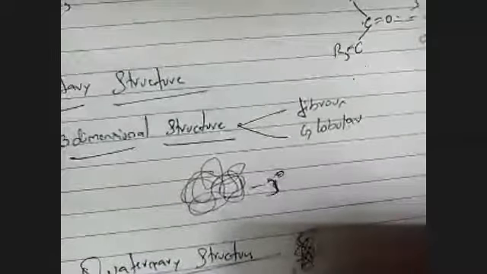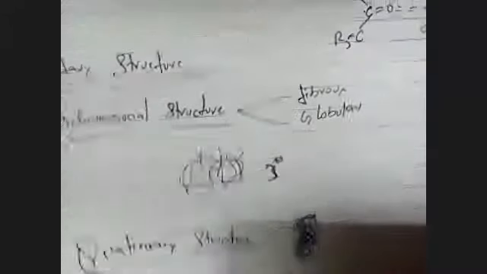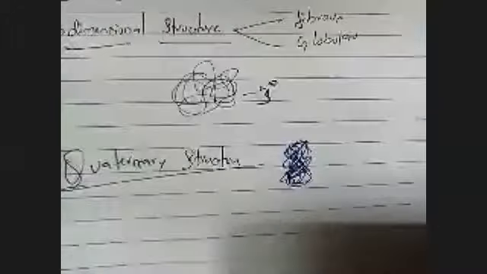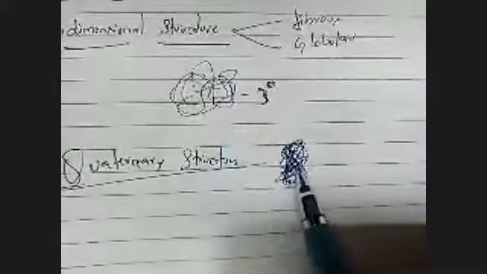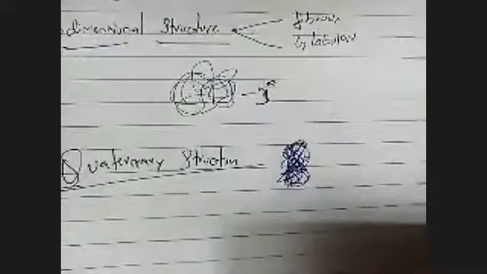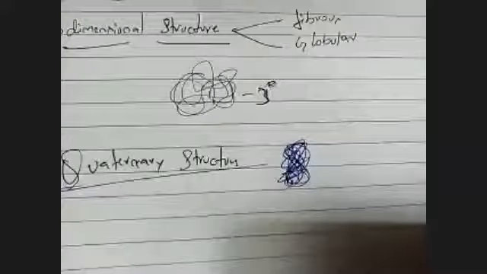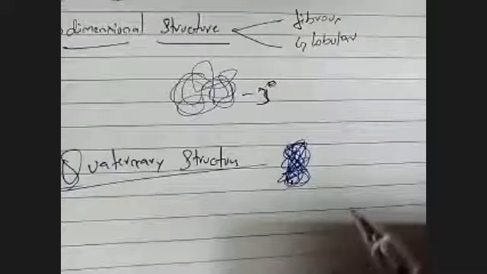The quaternary structure is also a three-dimensional view structure, but we could see the movement of the amino acids and bonds in the earlier one, but here we can't see. We call it a complex structure.